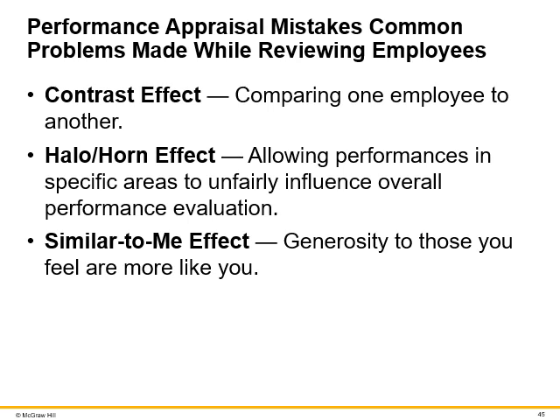However, when you think of an output of what a particular position should be doing, you should look at several different employees to get an idea of what the average output should be, and then do some kind of a contrast there. The other one is the halo or the horn effect, and that's allowing performance in specific areas to unfairly influence an overall performance evaluation.